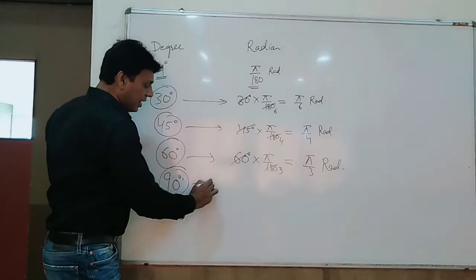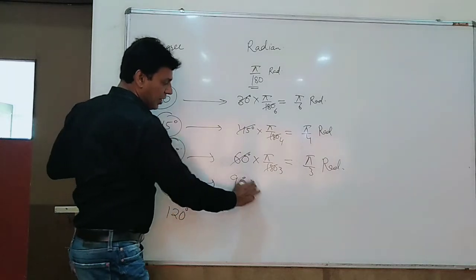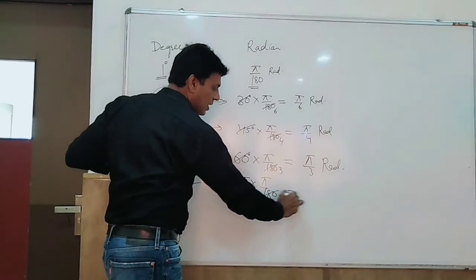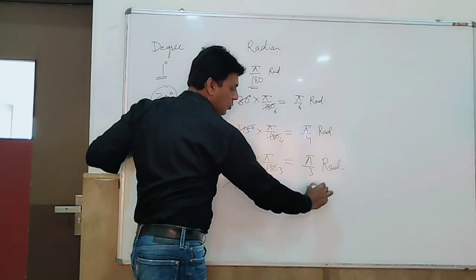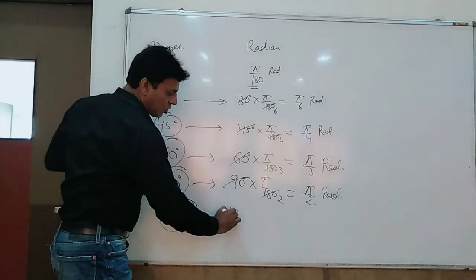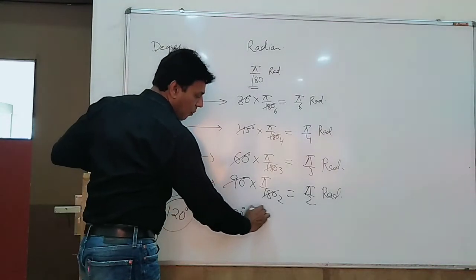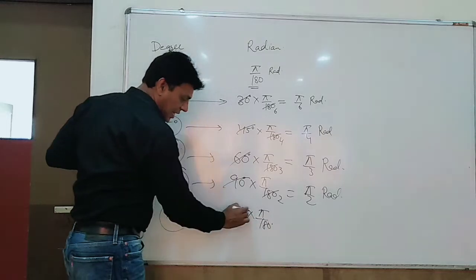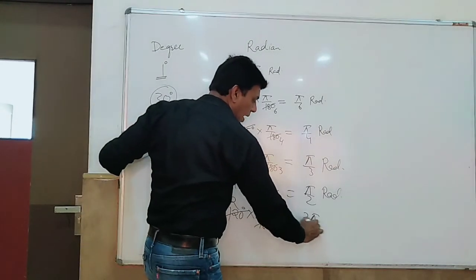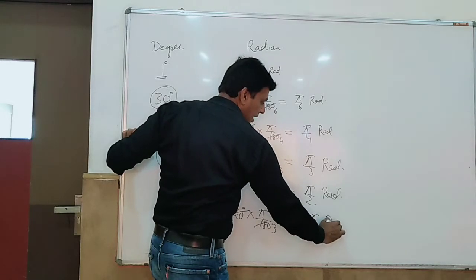Then 90 degree into pi upon 180, then we have pi by 2 radian. And 120 degree into pi upon 180 can be cancelled 6 twos and 6 threes. So you have 2 pi by 3 radian.